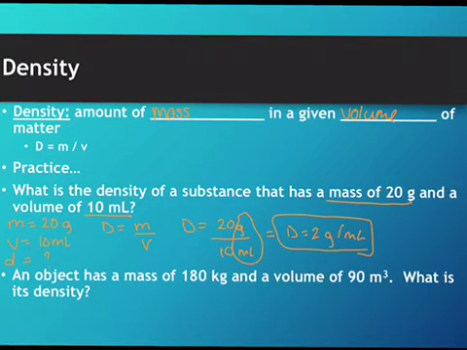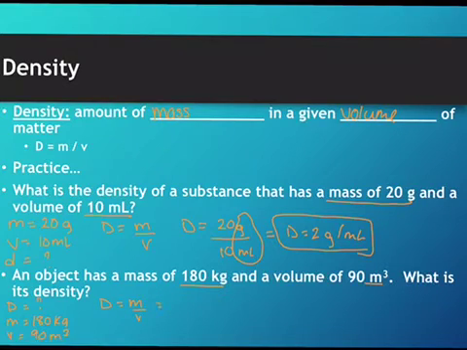One more practice on density problems. We have an object that has a mass of 180 kilograms, a volume of 90 meters cubed. What is its density? So again, fill out what we're given. We're given the mass is 180 kilograms. Our volume is 90 meters cubed, and we don't know our density.